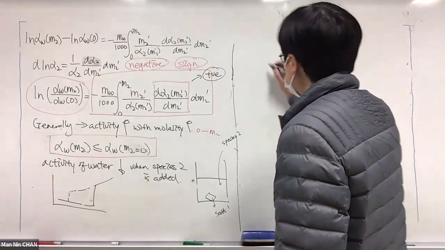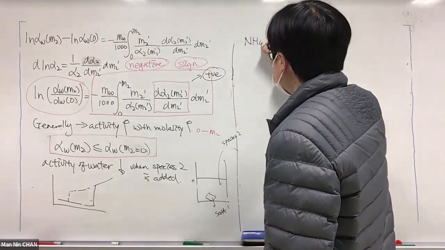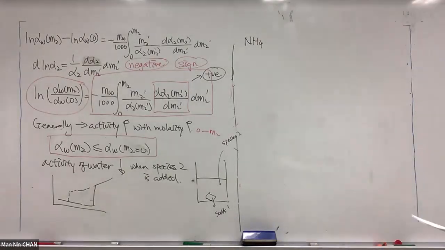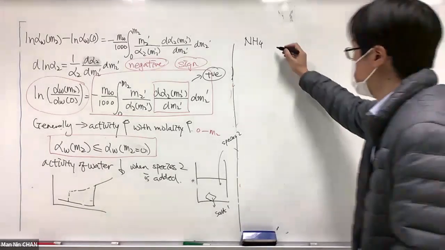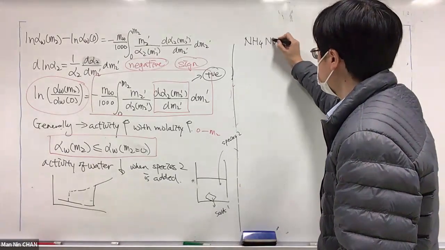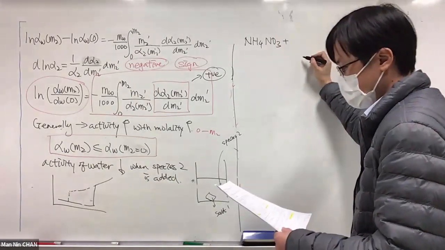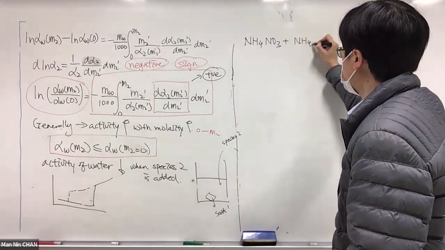So again, here we just want to show you how to understand phase transition or deliquescence using a binary system. In this case, say the system has some ammonium nitrate and some ammonium chloride.